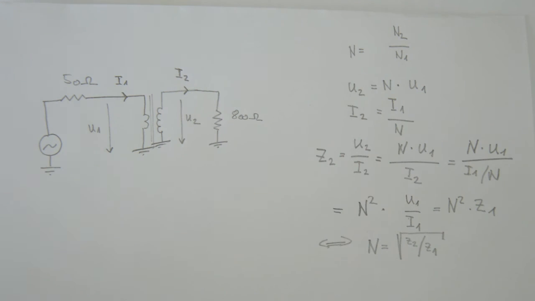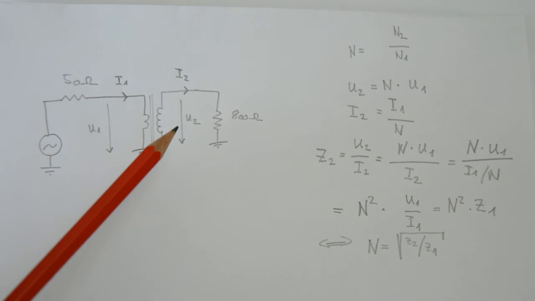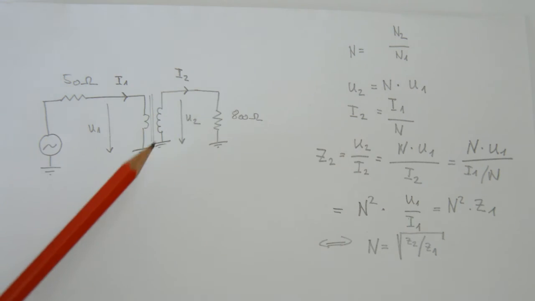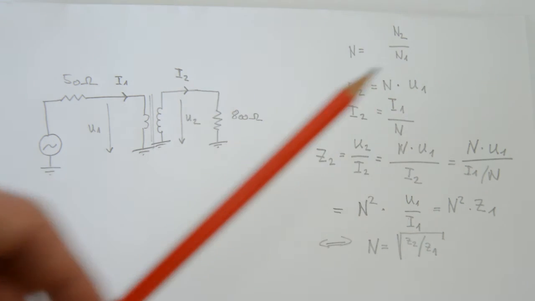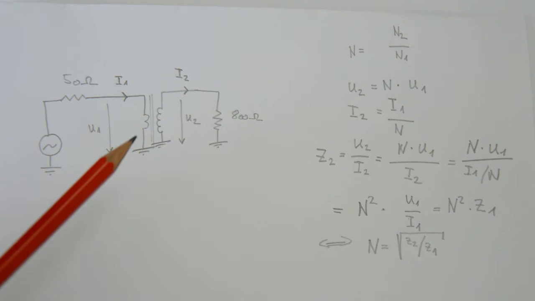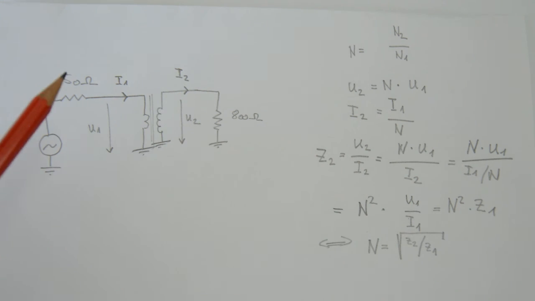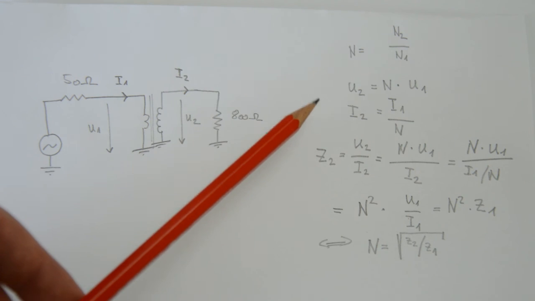Then from physics, you probably know that the voltage at the secondary side is the turns ratio multiplied by the voltage at the primary side. So that is U2 equals N multiplied by U1. And similarly, the current at the secondary side is the current at the primary side divided by N. It has to be like that, otherwise power wouldn't be conserved in the first place.